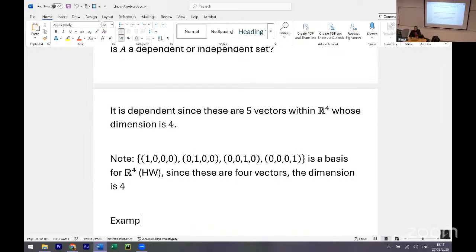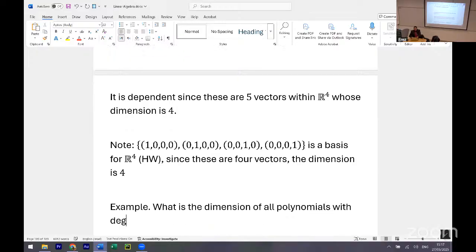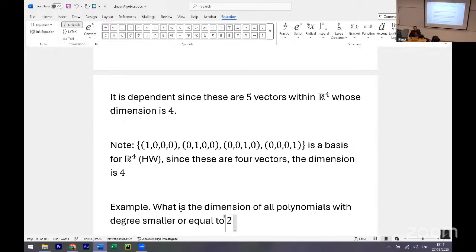Example. What is the dimension of all polynomials with degree smaller or equal to 2?